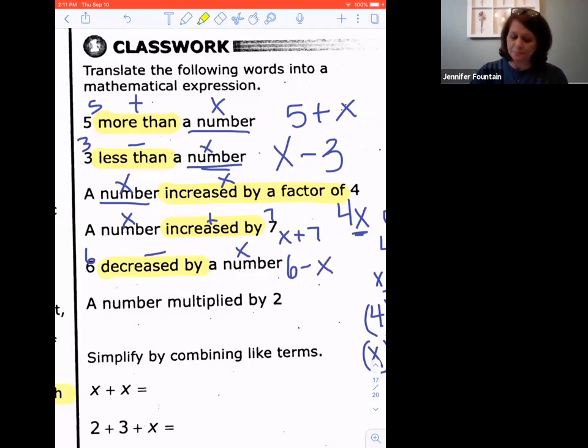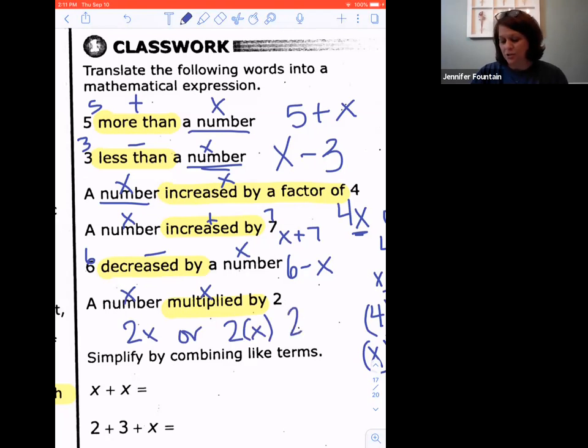And then a number multiplied by 2. So again, if I'm using x as my variable, I know that I'm going to be using multiplication, but I don't want to have x2. So I can write this as 2x. I could write it as 2 times x in parentheses.